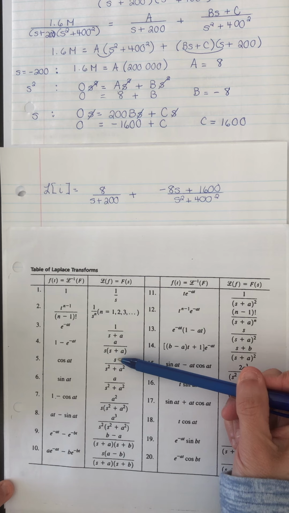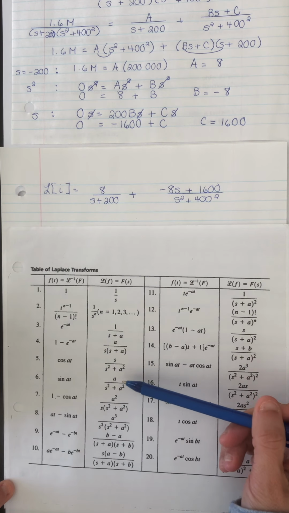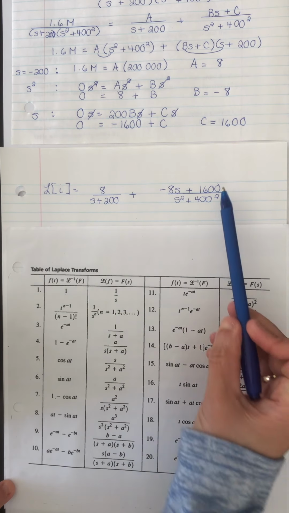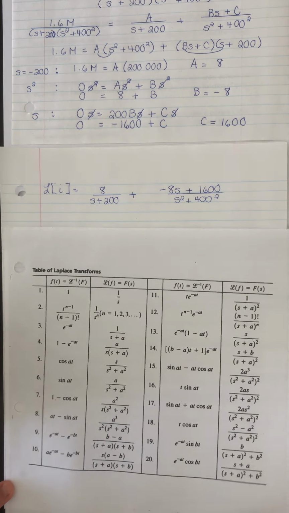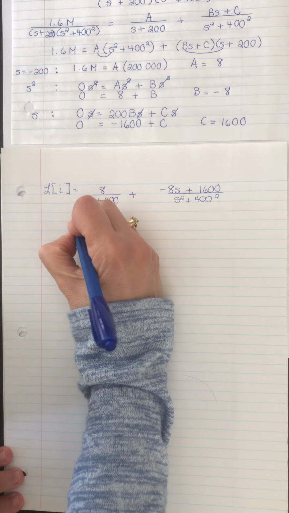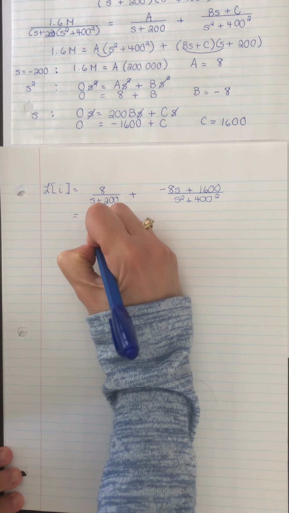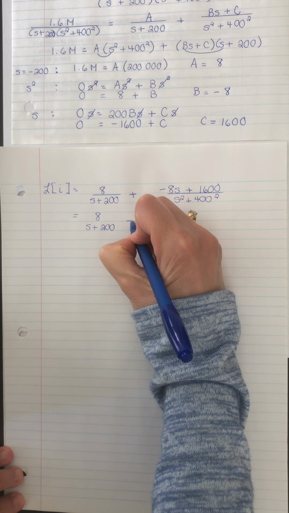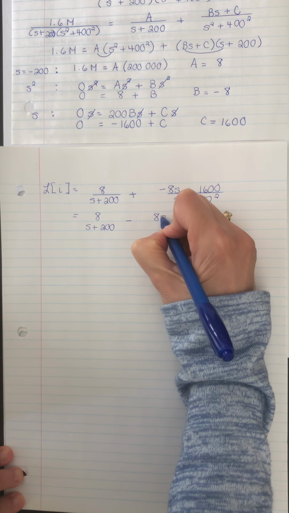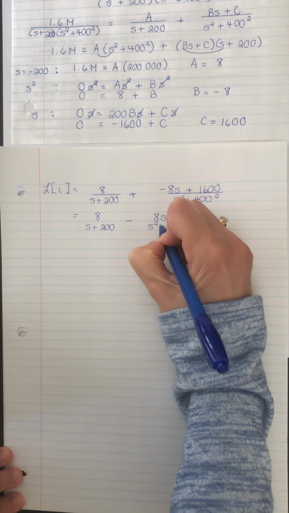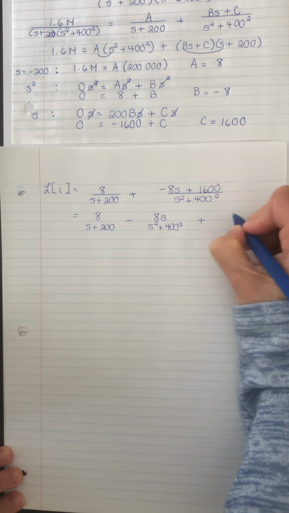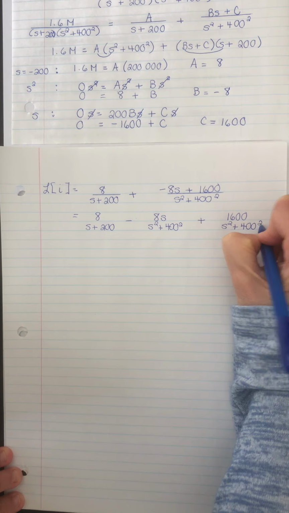But with one of them, we have an S in the top. With the other, we have a number in the top. So that would suggest that I break this now into 2. Okay, so I will have minus 8s over s squared plus 400 squared, and then plus 1600 over s squared plus 400 squared.